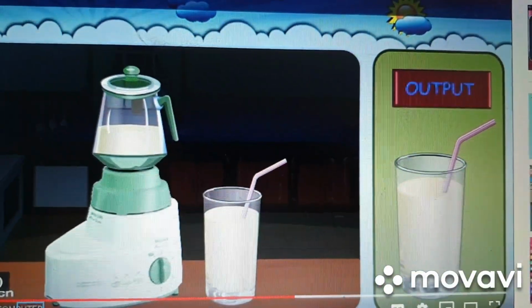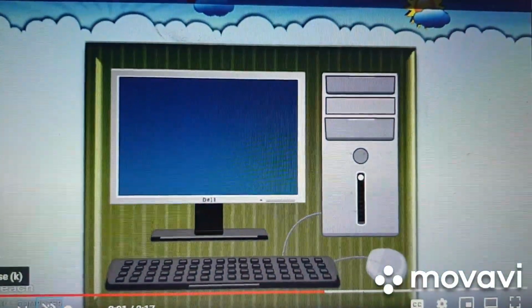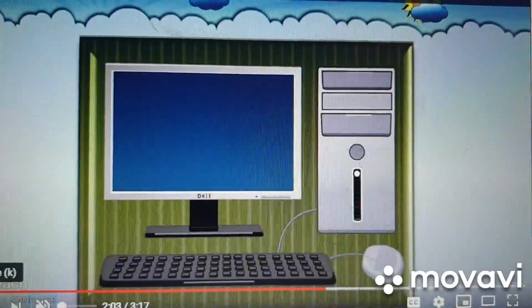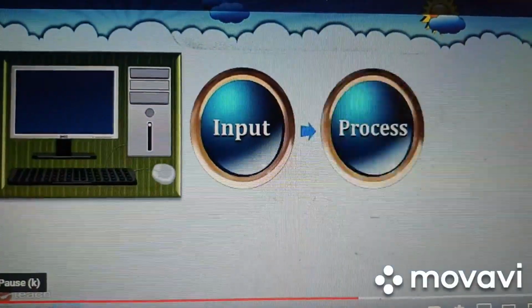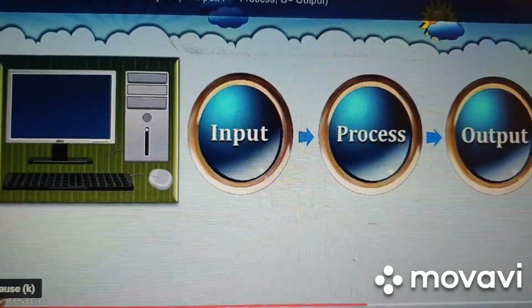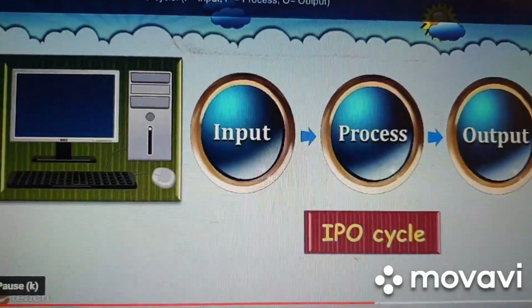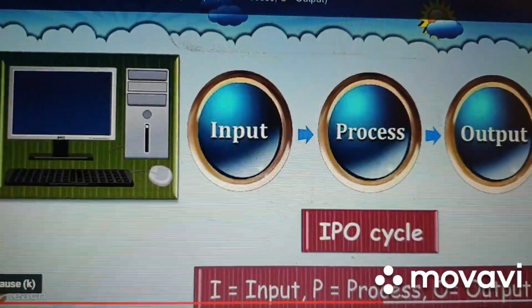This is output. In the same way, to do any work in the computer, you have to follow these three simple steps: input, process, output. This is known as the IPO cycle. I for input, P for process, O for output.